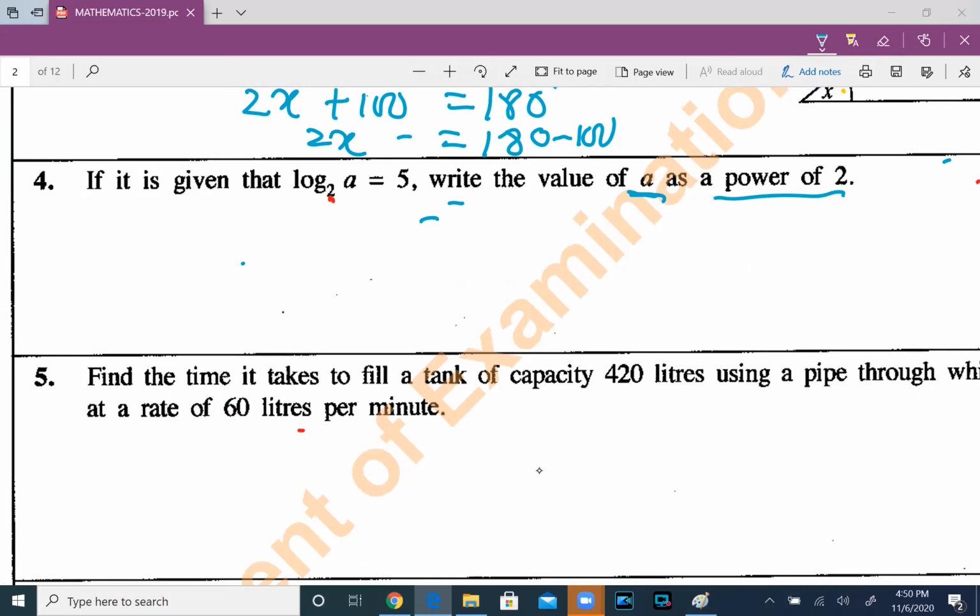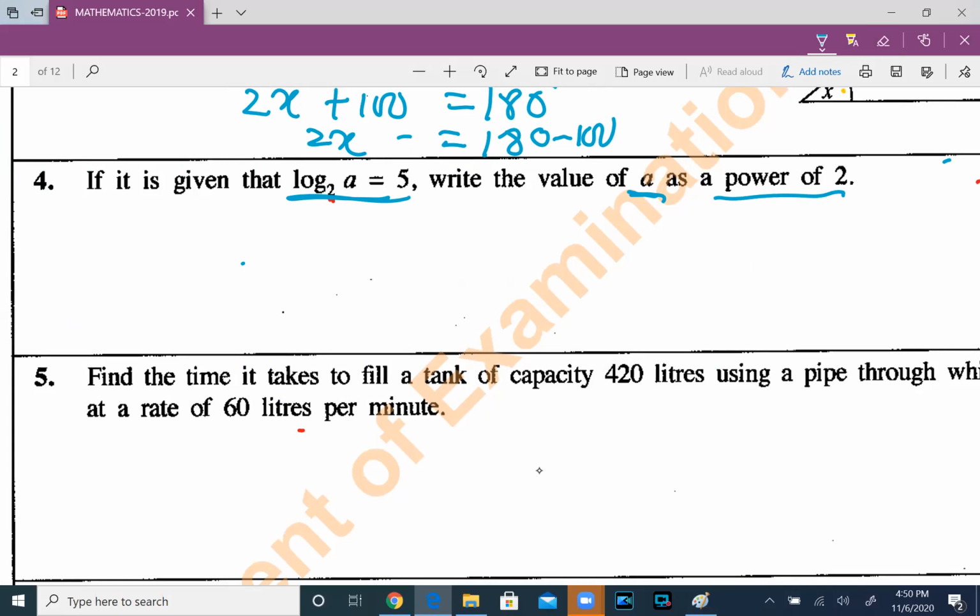What they mean here is, they are asking you to change this into power mode. Logarithm to power mode is very easy to change. Very simple thing here.